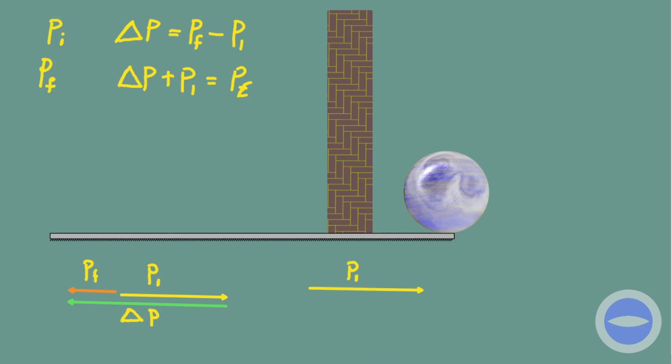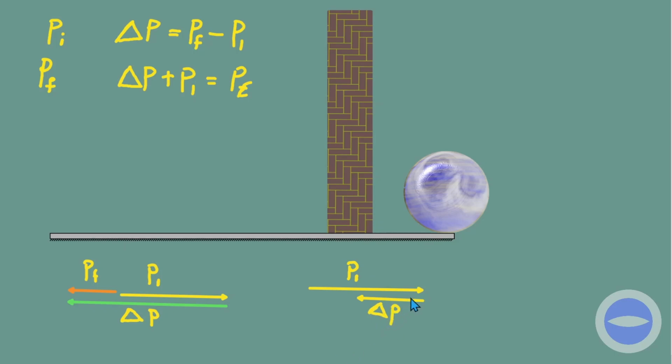So maybe we can say, because it has to start at the head of the initial momentum, then the change in momentum, maybe we can say it's here, because it didn't cancel the initial momentum. So here, this one we can say change in momentum.